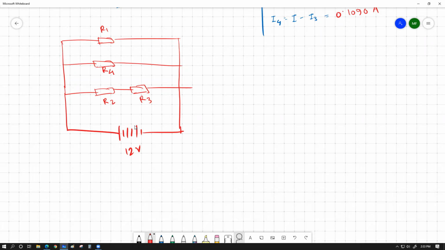How do you describe this combination? So R2 and R3 are in series. Good. R1 and R4 in parallel, and the R2, R3 series are in parallel with the R1, R4 parallels. Something like that. Yeah, this will work, but this has one extra step that you might be able to avoid.